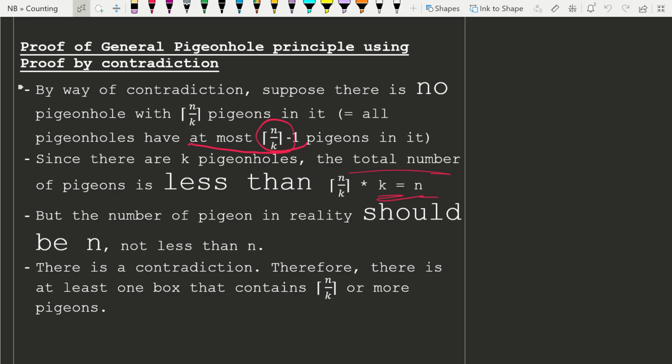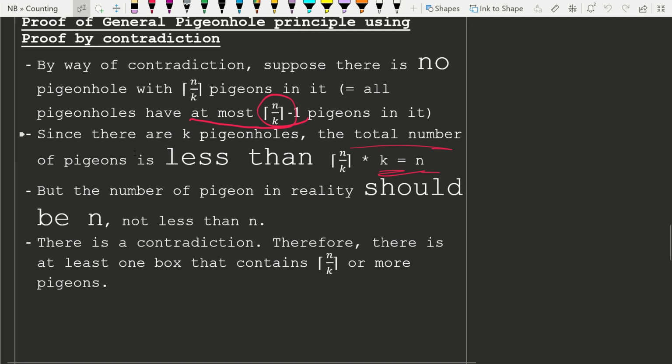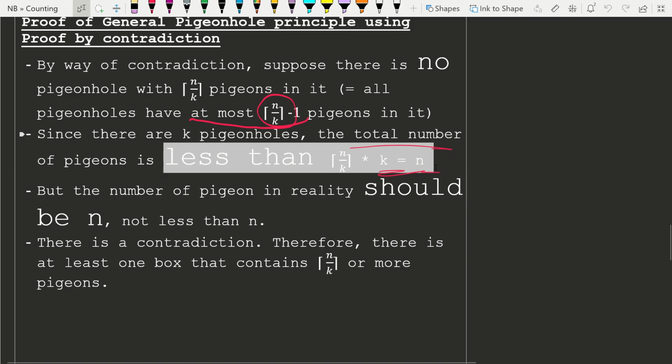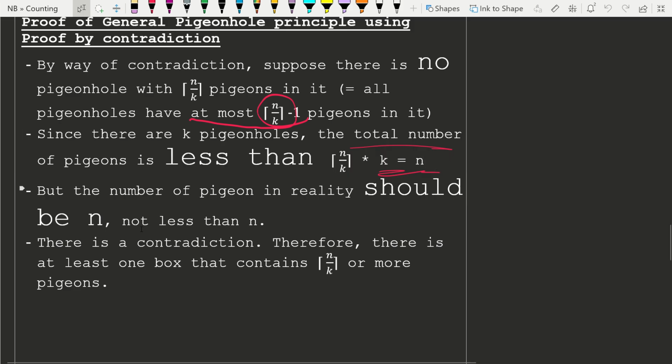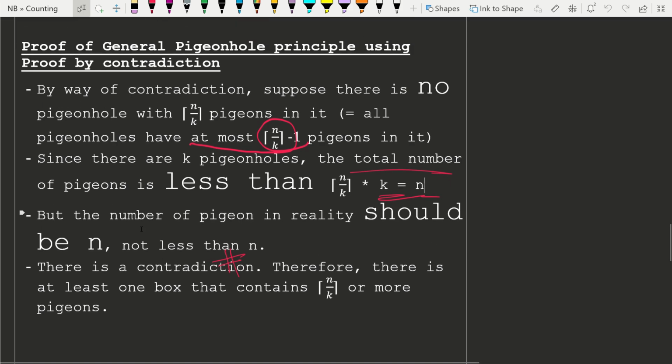And this is not the reality, because the number of pigeons should be n, not less than n, as shown here. So there is a contradiction. Therefore, there is at least one box that contains the ceiling of n divided by k or more pigeons.